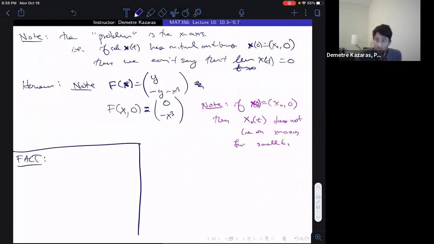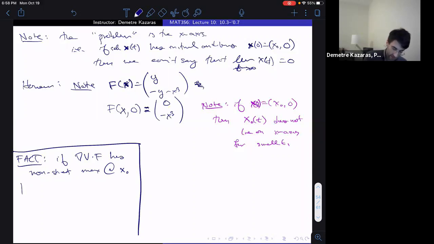So if we're in this situation, where the gradient of V dot F has a non-strict maximum at some critical or equilibrium point x naught, then you can say that the limit set of nearby solutions must be contained in wherever the gradient of V dot F vanishes.